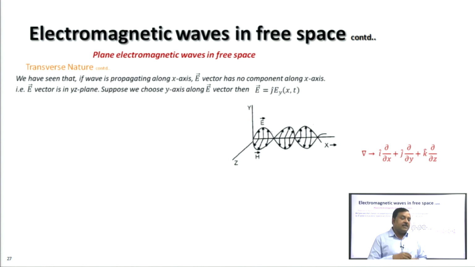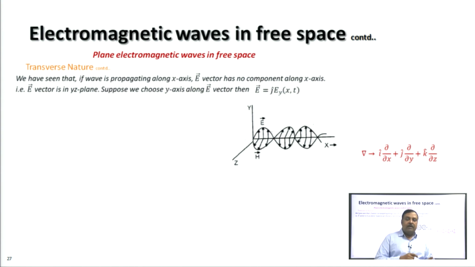So, let us choose our coordinate axis such that y axis is along E vector. If we choose y axis along E vector, then E vector will have only y component. E vector, electric field vector has no component along x axis, and we have chosen y axis along E vector. So, E vector has only y component.